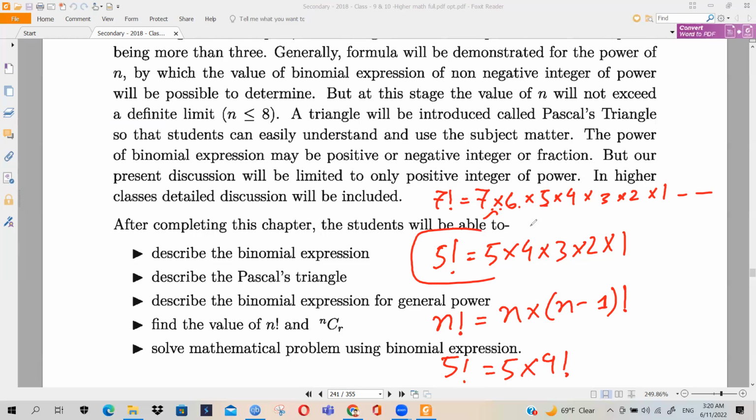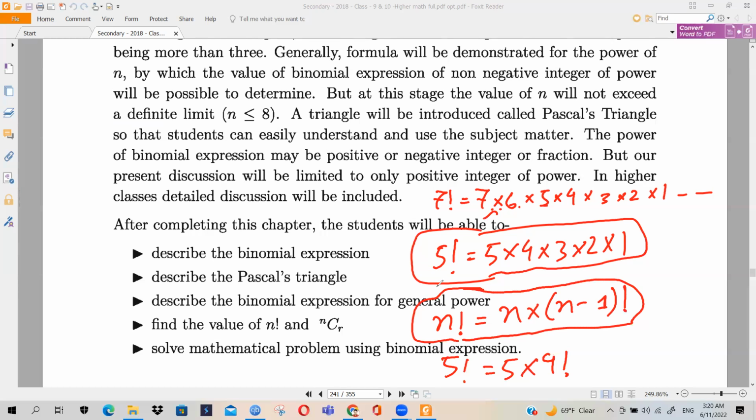Tell me. Yes, because 4 factorial will be 4 times 3 times 2 times 1. Now, from this formula, you will get a very important idea about factorials. That is, obviously, 1 factorial equals 1.